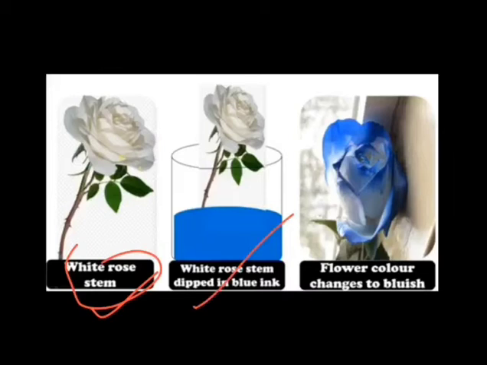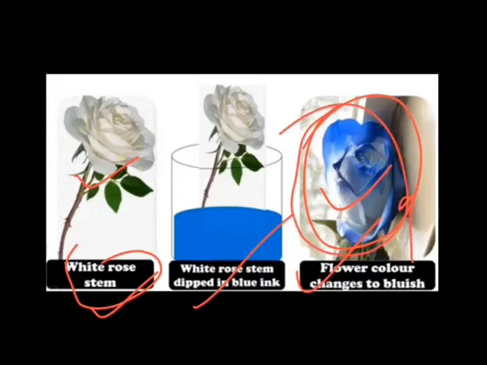Here this is the white flower, and here the color changes to blue, or it looks bluish in color. Okay, why is it so? Because the stem conducts water, and this water moves upwards through the special tubes called xylem, and that is why the color changes from white to bluish. Okay, so now we know that the stem conducts water.